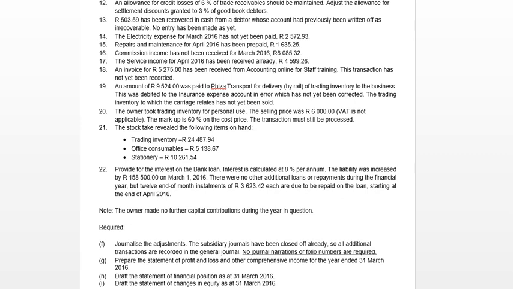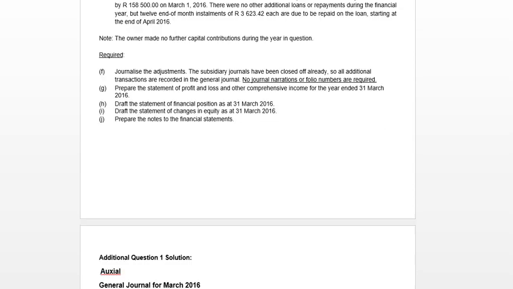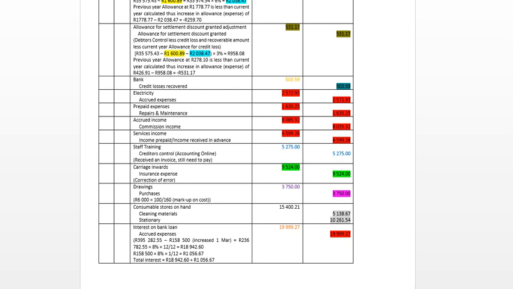So we, in error, recorded this 9,524 Rand as insurance, but it actually relates to carriage, carriage on purchases. So what we need to do is we need to decrease our insurance account by this 9,524 Rand, and we need to increase our carriage on purchases expense by this amount. Okay, so we need to correct this error.